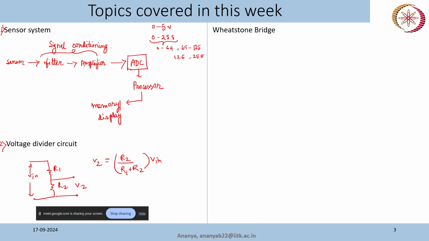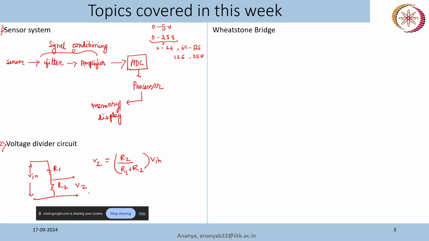This is a very basic circuit that we studied at B.Tech level and even before, that can divide the input voltage into different voltages based on the resistance values. Now, why did we discuss a voltage divider circuit? In many cases our sensors can be resistive type. So instead of this resistor, we can place our sensor and measure the voltage across the sensor.